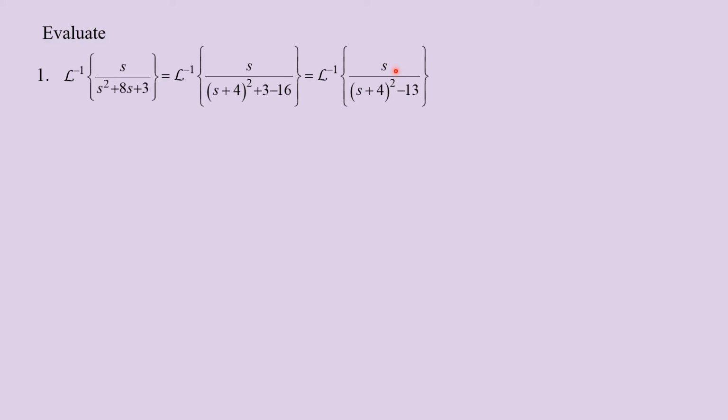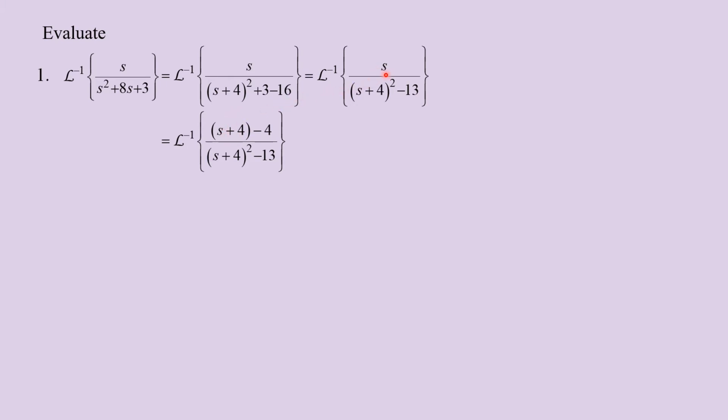The procedure is as follows. You need to change this s into s plus 4 so that they are the same. The translation form in the denominator must also appear in the numerator. So if this is s plus 4, then this must also be s plus 4. But by doing so, we have added a new number 4, whereas the original factor in the numerator is only an s.